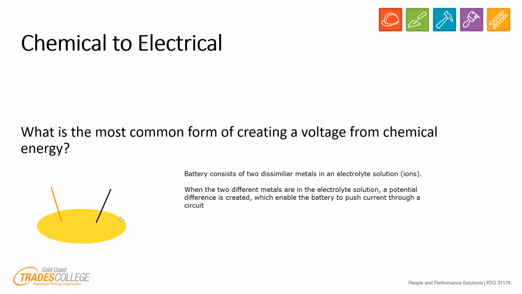Two different metals in an acid, you will get, not a very big one, but you will get a voltage between the two. It's the same principle as a battery. You've all heard of the term battery acid. So it's acid, it's an electrolyte. Two different metals, put them in there, and then a voltage is created between the two. Connect something to the voltage, and it has the potential for current to flow.